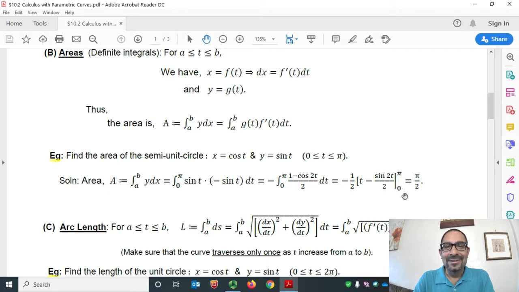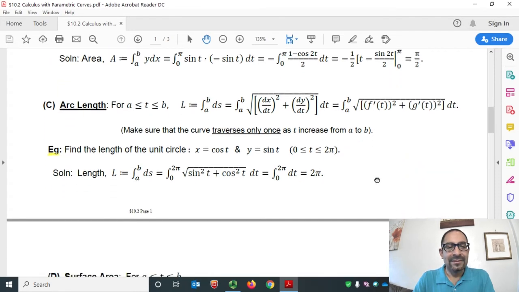Put limit t equals 0 to pi. And the next step, this minus 1/2 as it is, put t equals the upper limit of pi, and sine 2 pi is 0. And when you put t equals 0, all 0. So that means we have pi by half. Great. Now let's move on.